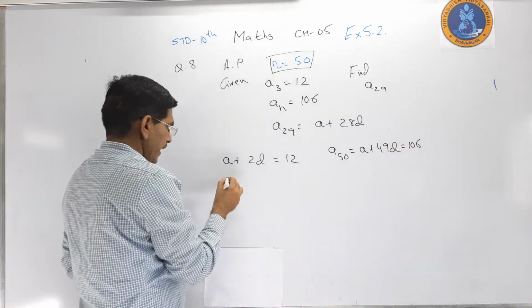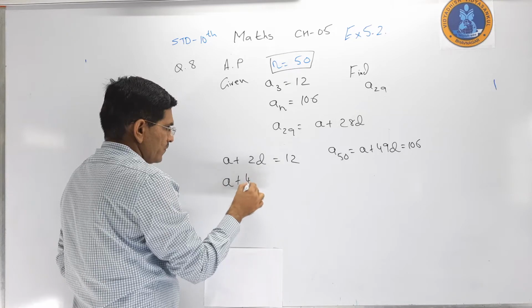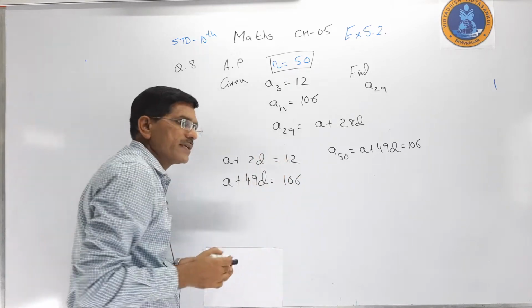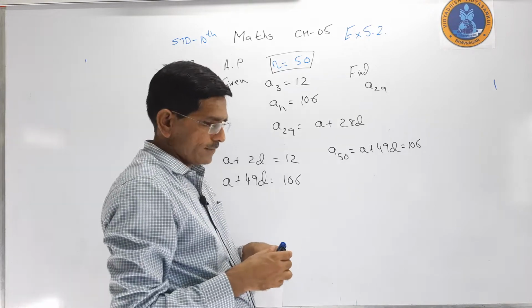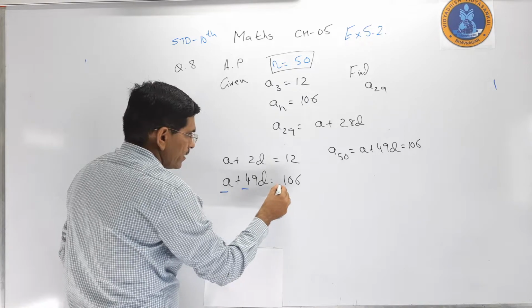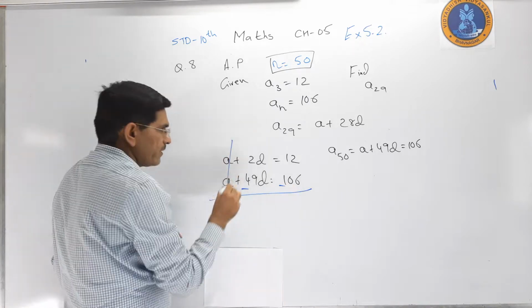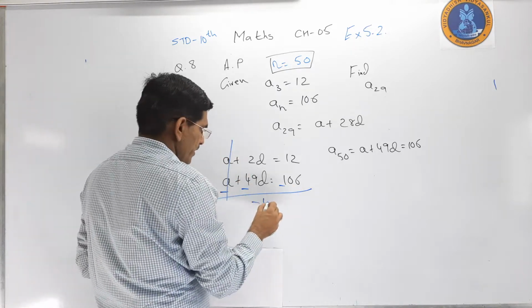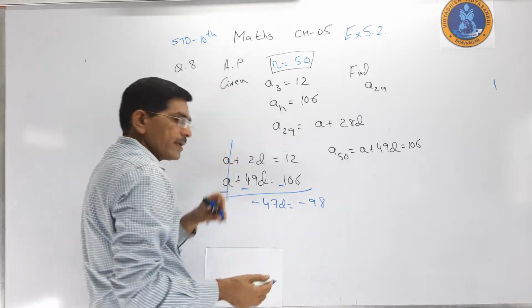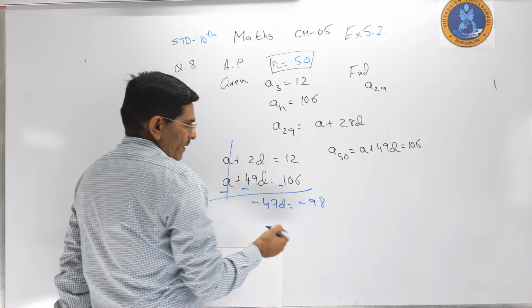So I have to write A plus 49D is equal to 106. Now by the elimination method we can get minus 47D is equal to minus 94.